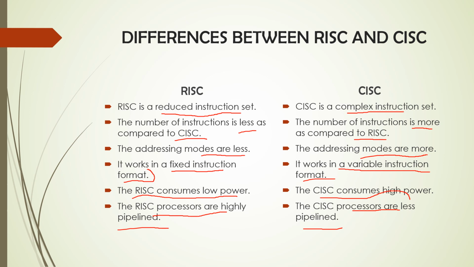It means they were introduced to execute as fast as one instruction per clock cycle. This RISC pipeline helps to simplify the computer architecture design, which means the architecture of computers is highly simplified, whereas the architecture of computers using CISC is less simplified, that is, it is more complex.